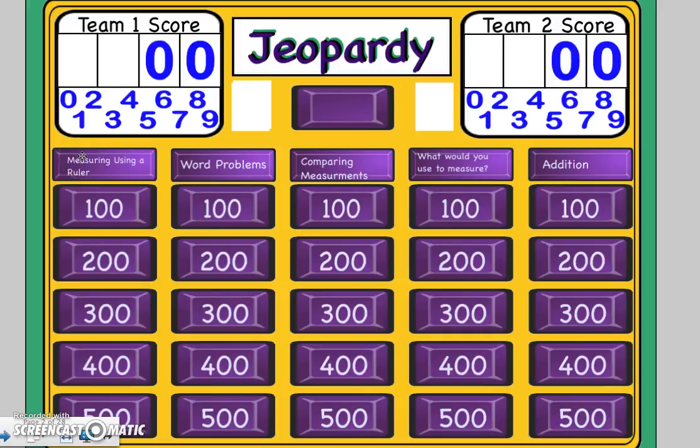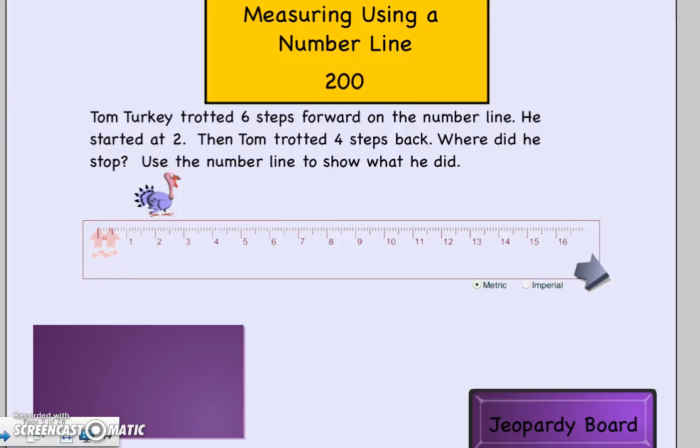Let's say we're doing measuring using a ruler for 200. And it's going to take you to the appropriate page, measuring using a number line for 200. So it has the question and the tools you might need to solve the problem.